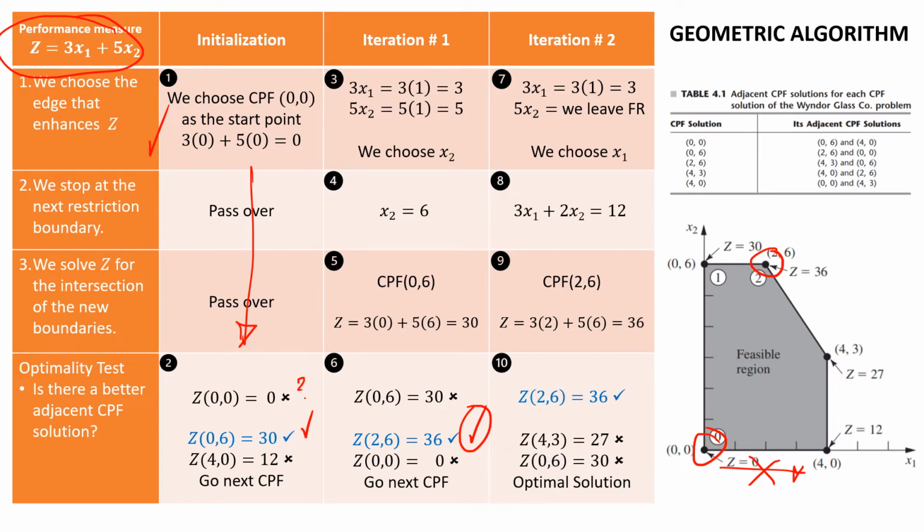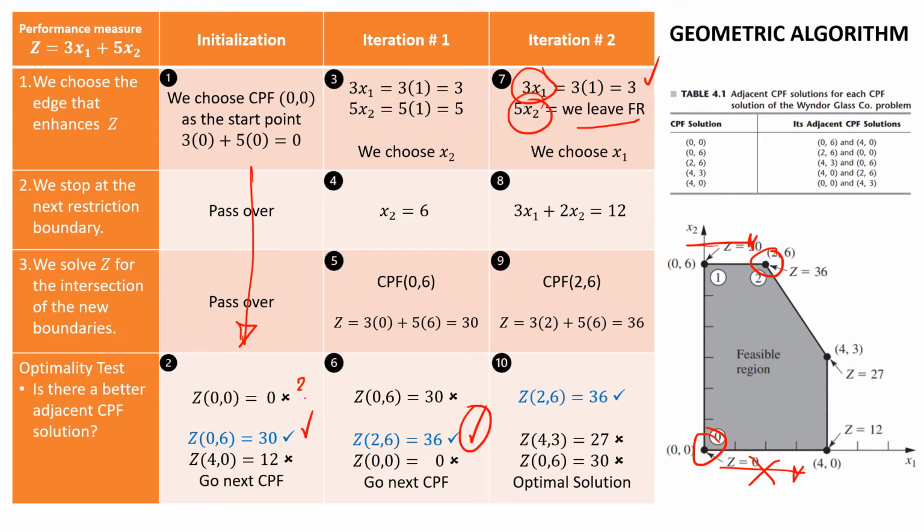In iteration number 2, step 1, remember we choose the edge that enhances Z. At this point, 3x1 gives us a 3 unit advance, and 5x2 we cannot go through this way because if we continue we're going to leave our feasible region, so there's no option, we have to move through x1.